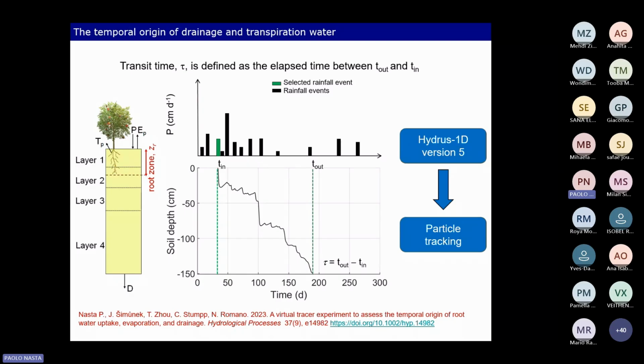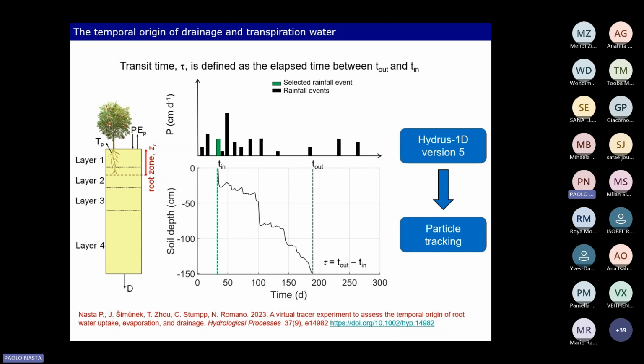I also want to highlight that the new version of Hydrus 1D, version number 5, the one that requires a license, is interesting because it includes new modules. And one of those new interesting modules is particle tracking. And so that makes very similar tracking of water parcels originating from each rainfall event.